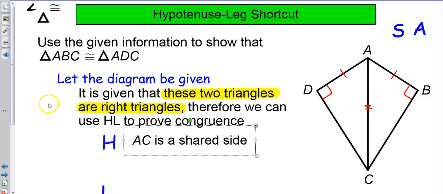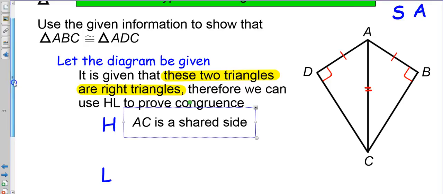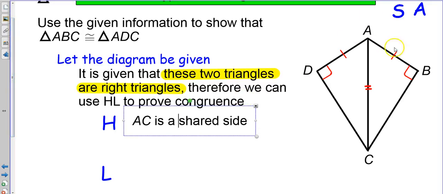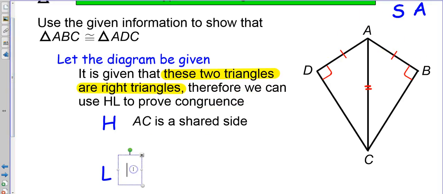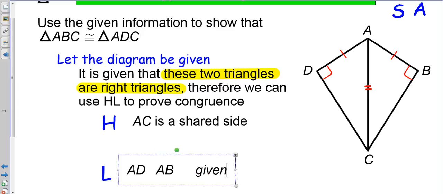That's our hypotenuse argument. So that's the hypotenuse in each one of those. And then we need a leg argument. So that's just very simply given information. So we can come down here and just say AD is congruent to AB. And the reason that we can say that is that's given information.